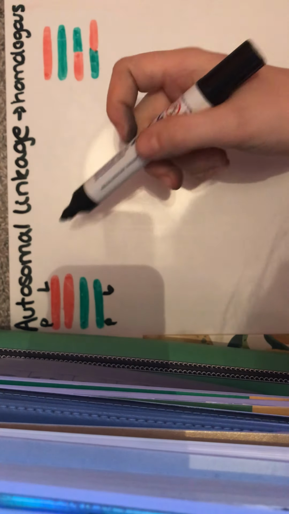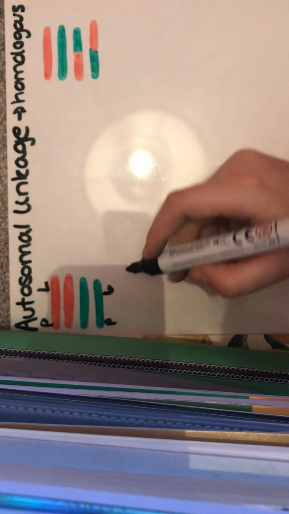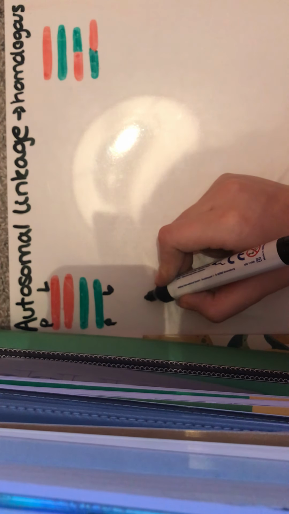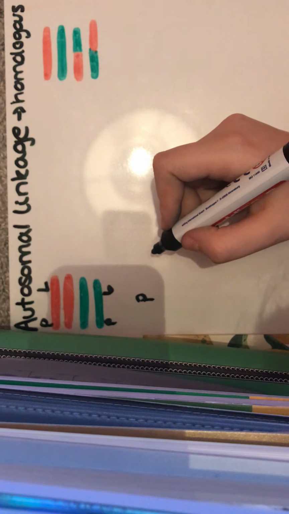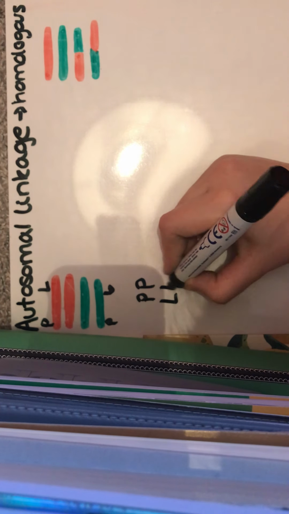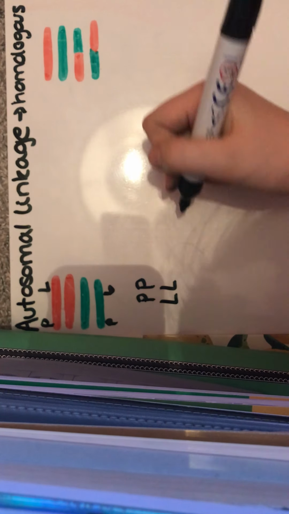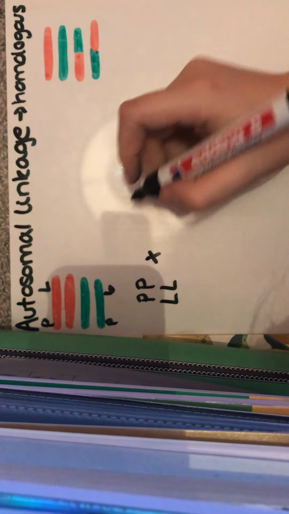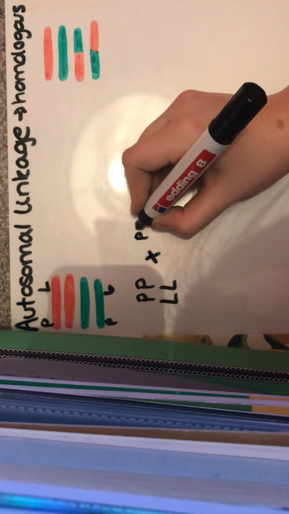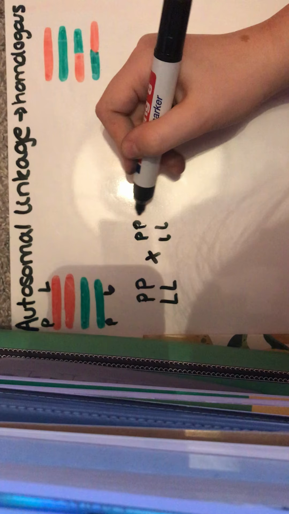So for purple and long, it would be capital P, capital P, capital L, capital L, but we're going to write it as capital P, capital P, L, L, because these have to be inherited together. And then we're crossing that with lowercase p, lowercase p, lowercase l, lowercase l, which are inherited together as well.